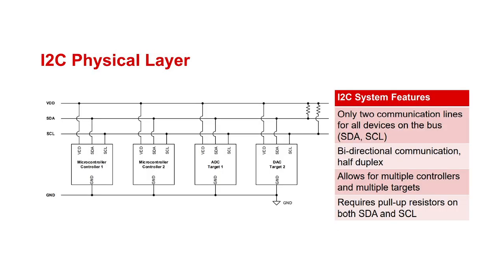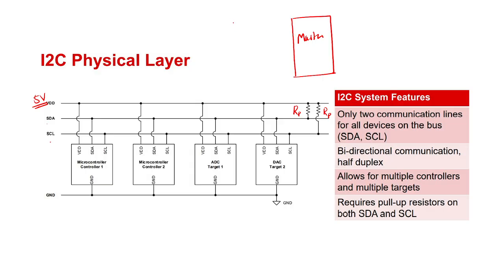Coming to the physical layer, you have VDD, 5 volts, and SDA and SCL, which are connected to pull-up resistors, RP. Why are they connected to pull-up resistors? Suppose this is the master.